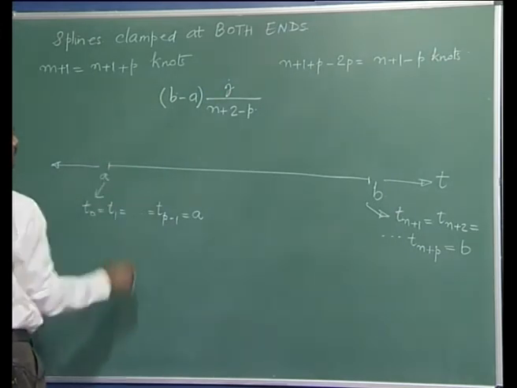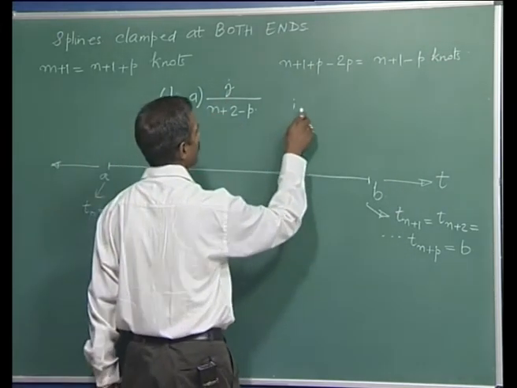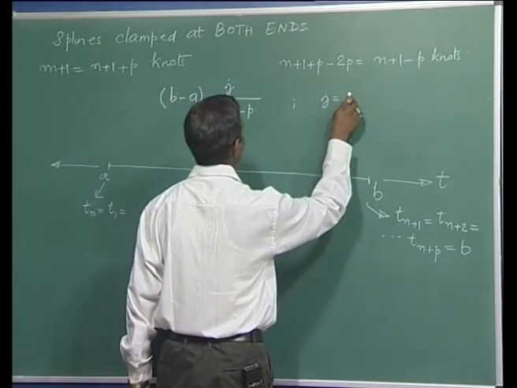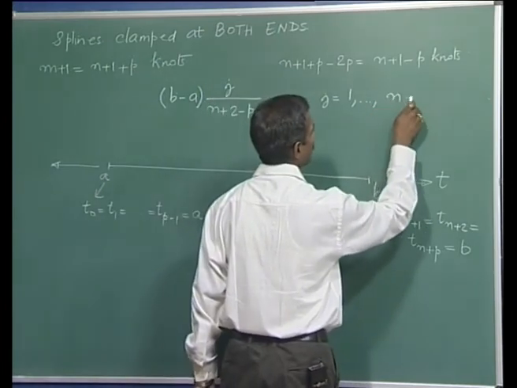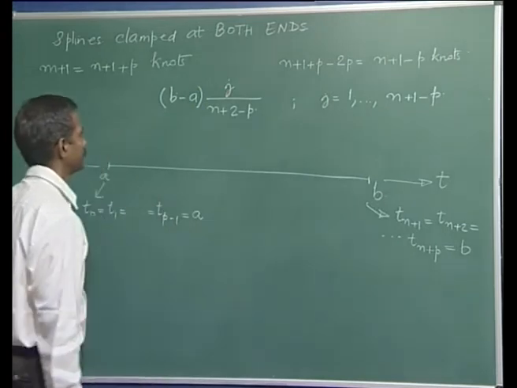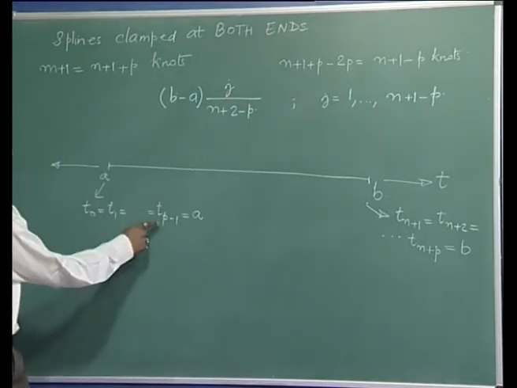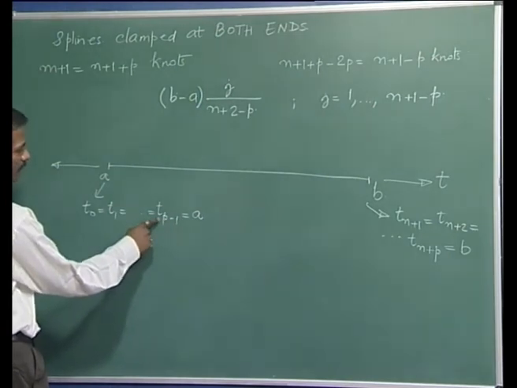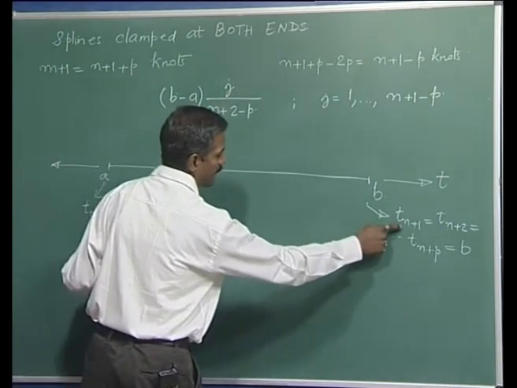We'll worry about that later. Here j is going from 1 up till n plus 1 minus p. Now, we have to determine the knots starting from Tp and ending at Tn.